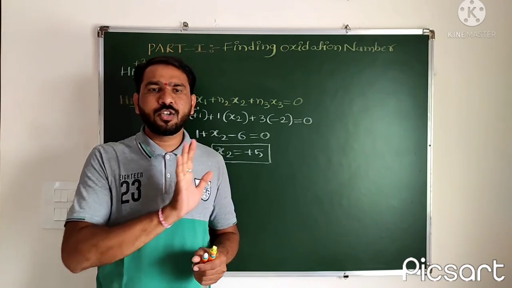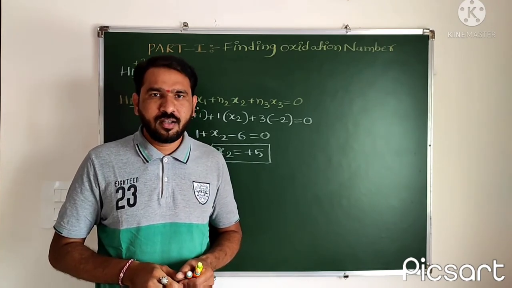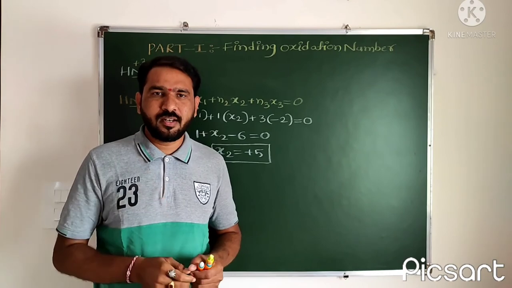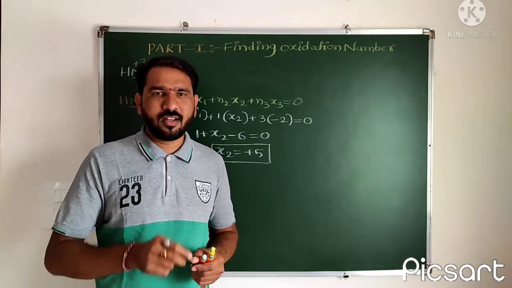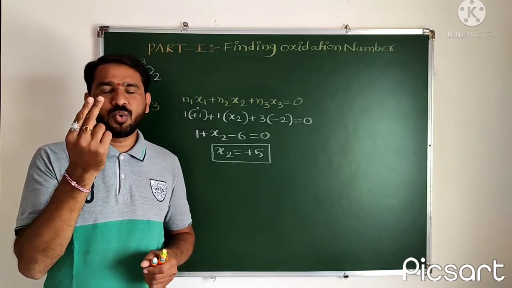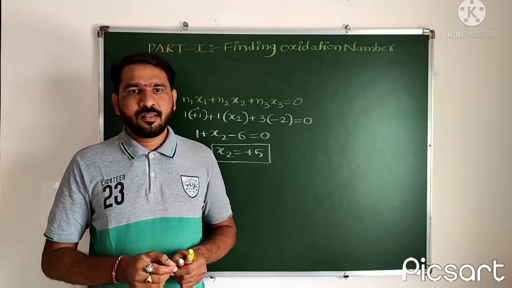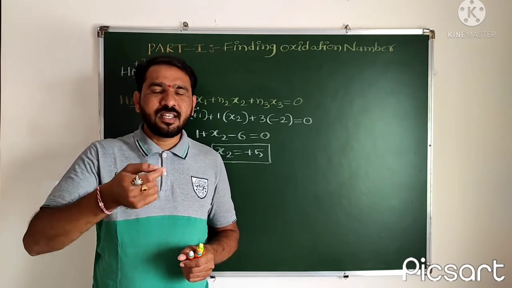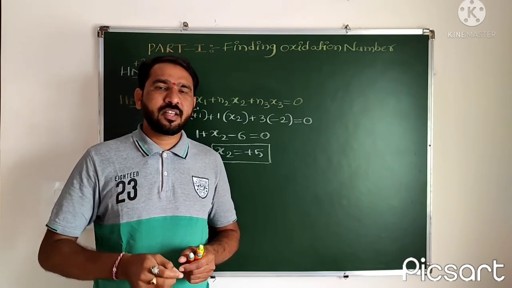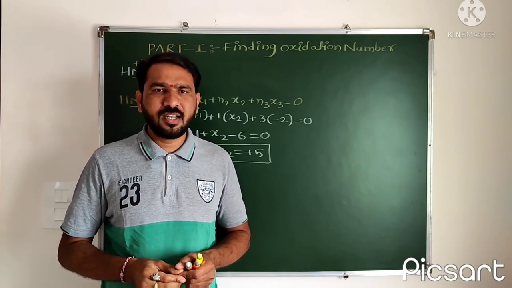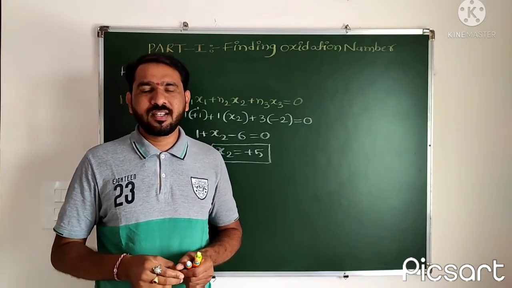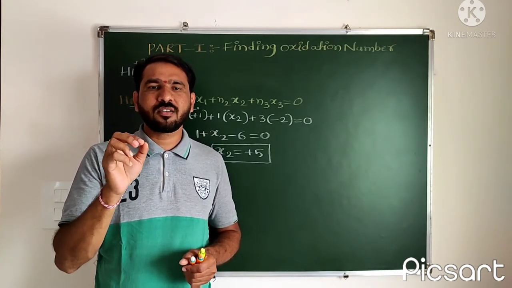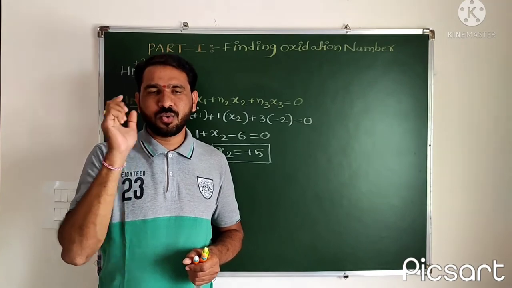Its nearest zero group element is neon, its atomic number is 10. How many electrons difference between these two? 2 electrons. When oxygen gains 2 electrons, it gets neon's stable electronic configuration, so oxygen tries to get 2 electrons, and by that the general oxidation state of oxygen will be minus 2.